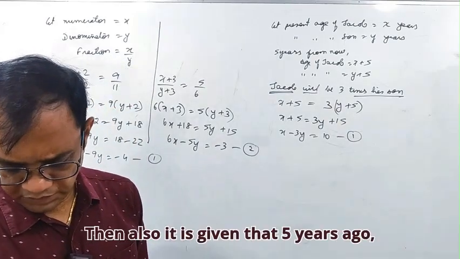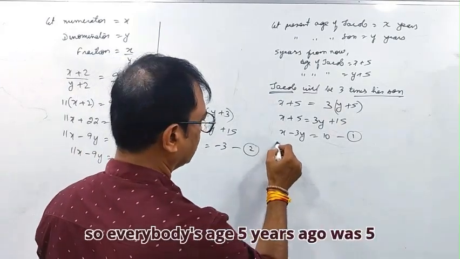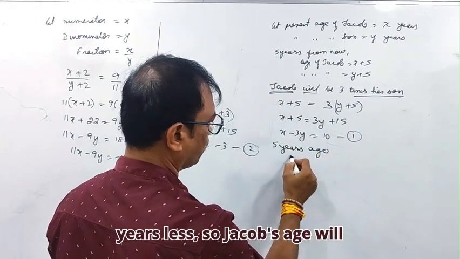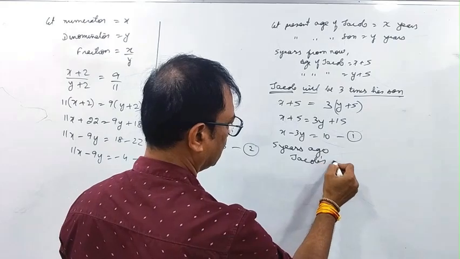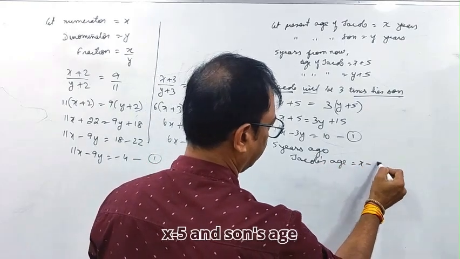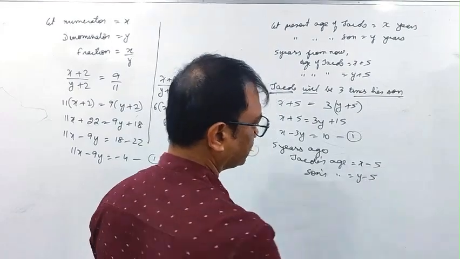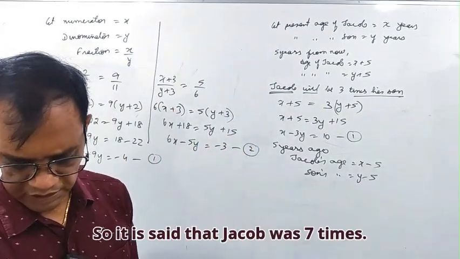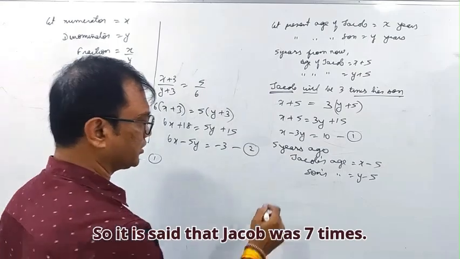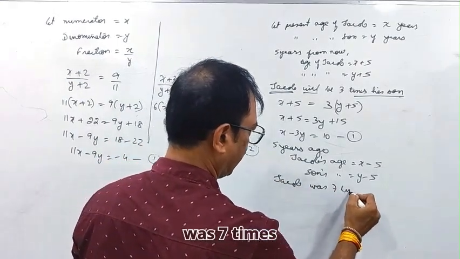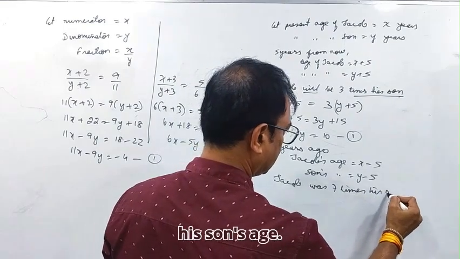Then also it is given that 5 years ago, so everybody's age 5 years ago was 5 years less. So Jacob's age will become x minus 5 and son's age will become y minus 5. So it is said that Jacob was 7 times his son's age.